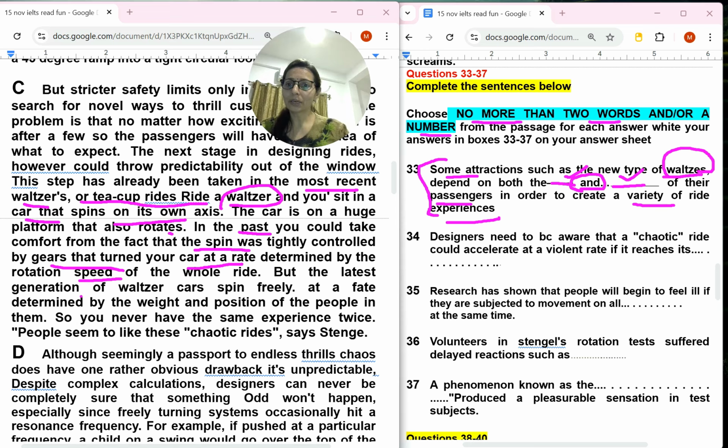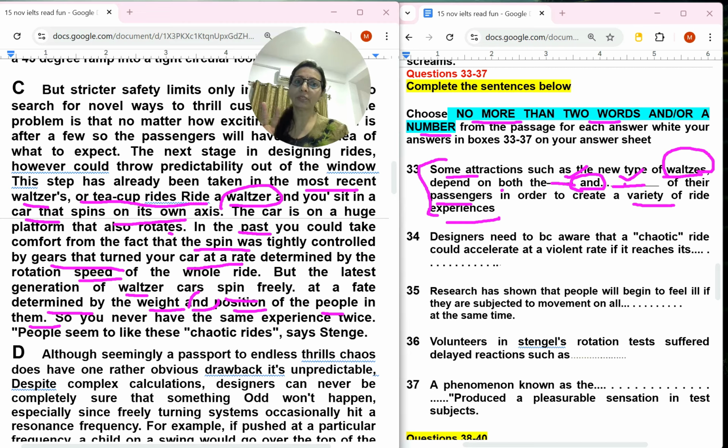But the latest generation, the new type of waltzer cars, spin freely at a rate determined by the weight and position of the people in them. So in the car, who are they? Passengers. And here we have got two things, weight and position. They have not used the word both here. Determined by the weight and position, so weight and position will come in 33 number.